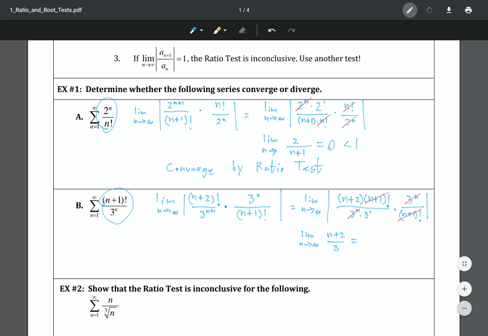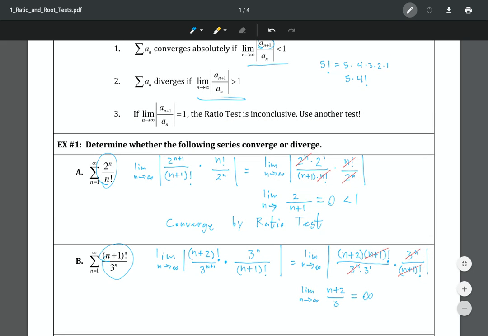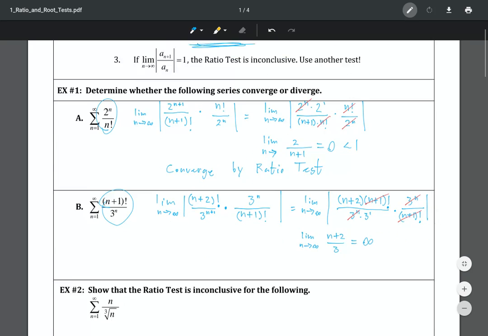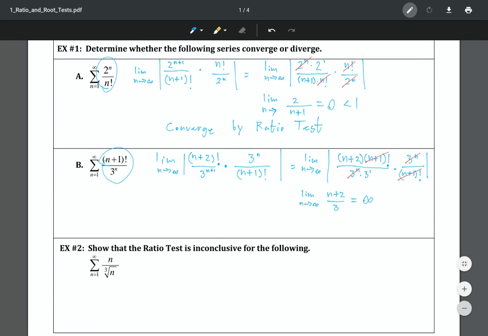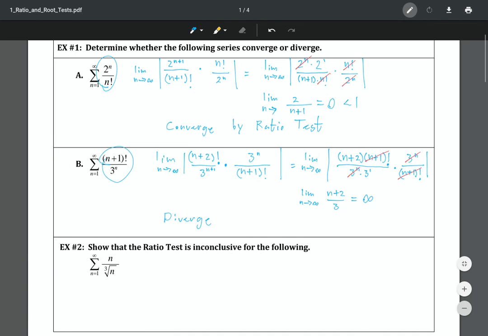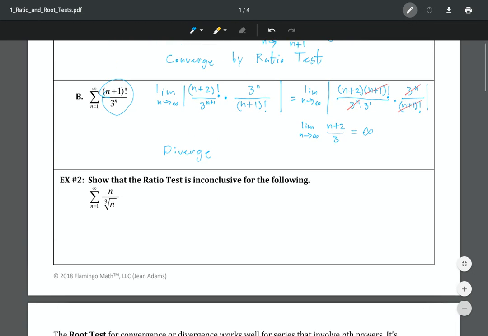Notice that this right here is going to be infinity. Okay. So if this is infinity, it's going to be greater than 1. It doesn't really matter, well, I guess it does matter that it's infinity, but because it's greater than 1, according to the second scenario here, this will diverge by the ratio test. Okay. Because that's greater than 1.